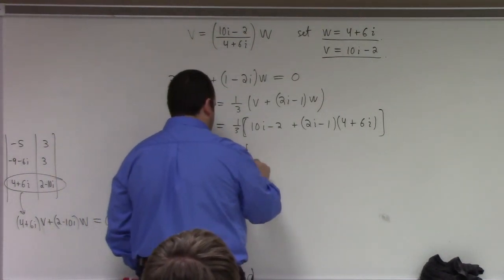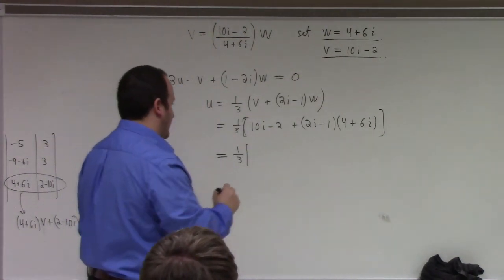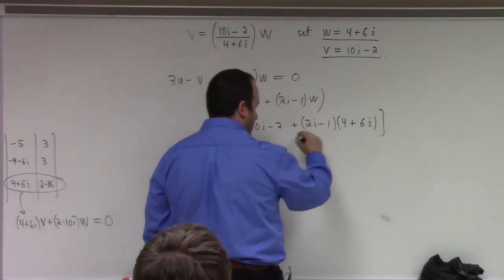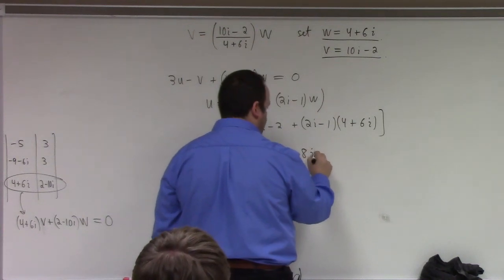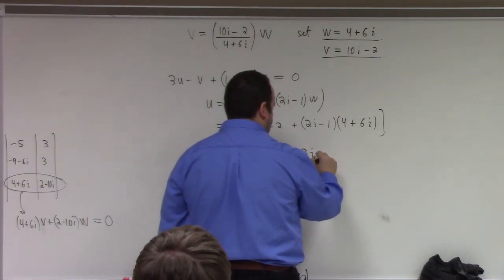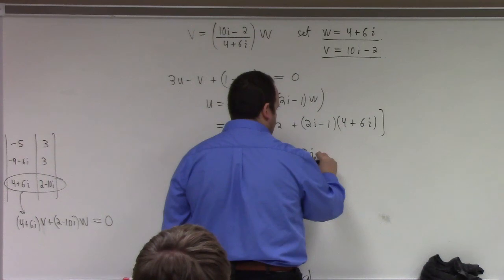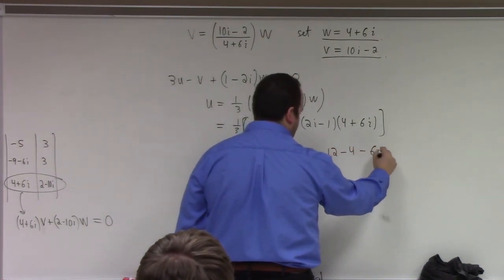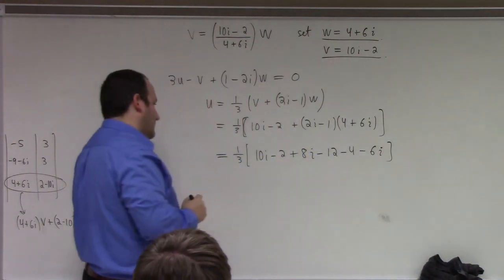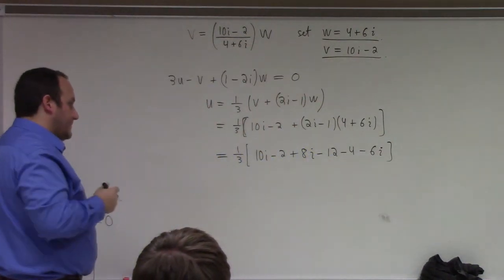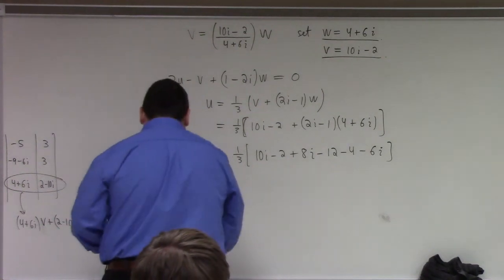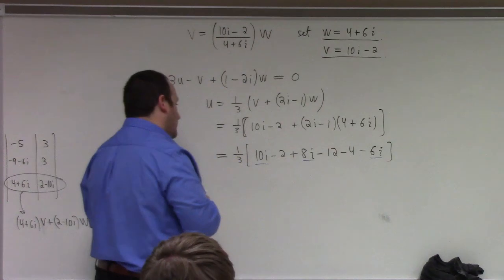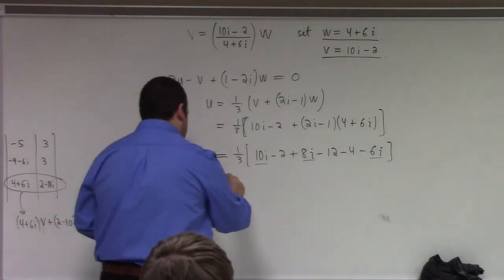Which is 1/3 of, I'm going to multiply this out before I try to do anything else, 10i minus 2 plus 8i minus 12 minus 4 minus 6i. Put my i's together. 18 minus 6, I got.